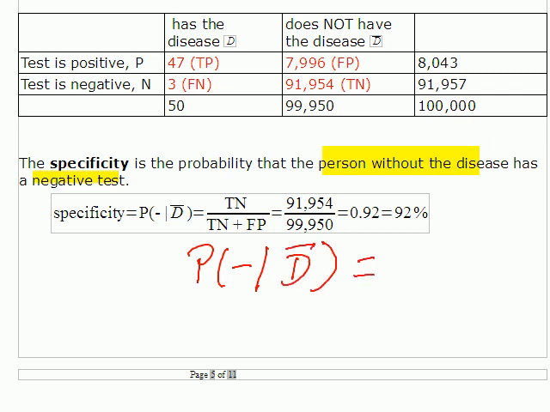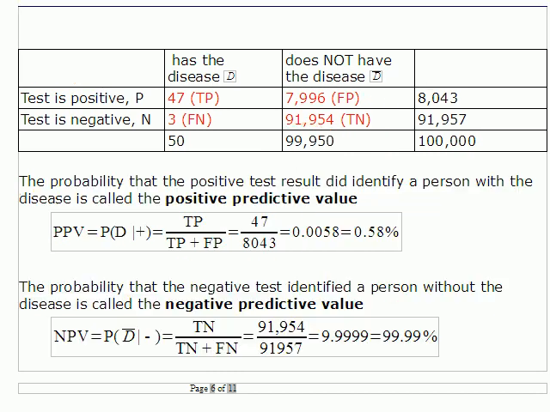So that's calculated right along in this column. It is the true negatives divided by the true negatives plus the false positives. So here's your false positives, here's your true negatives, add those together, which has already been added here, and divide the true negatives by that.